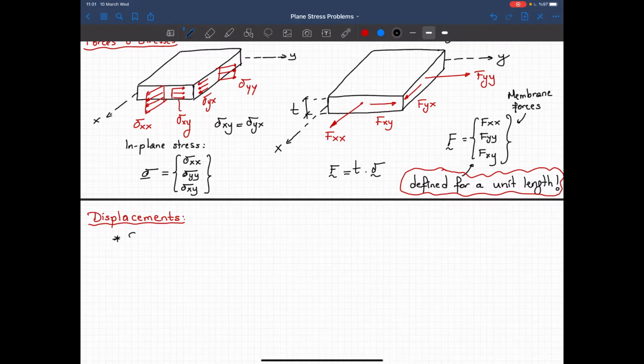So they are assumed to be uniform through thickness. Okay, so we have uniform displacements.